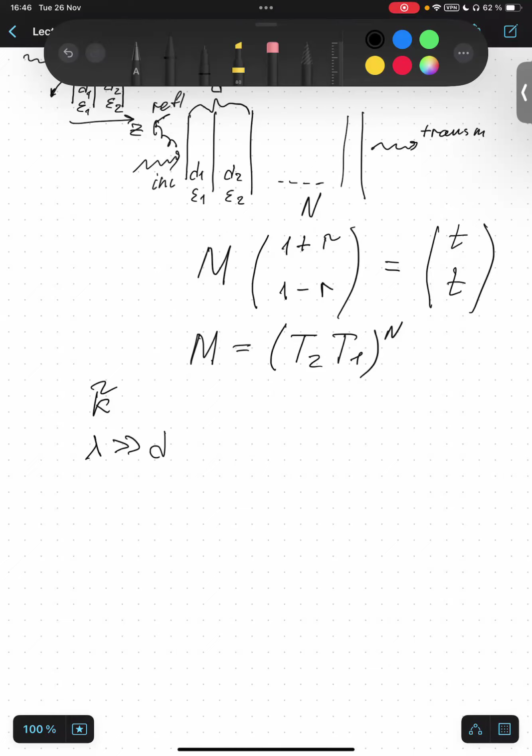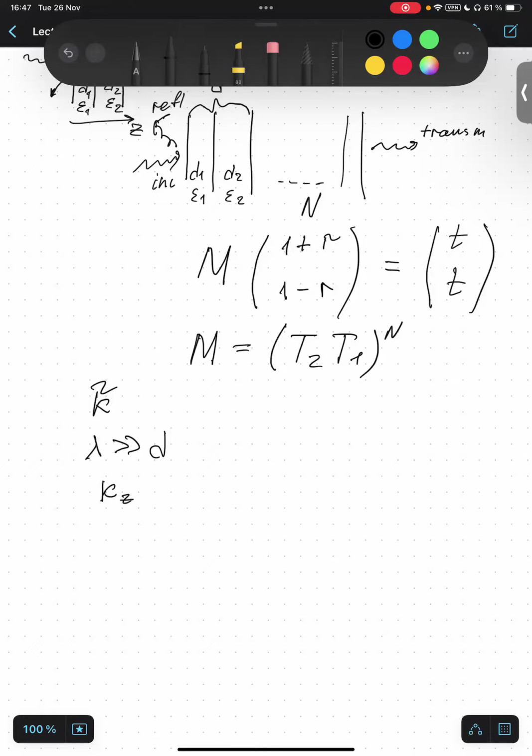So in this case, the photon cannot feel small structures, because in one wavelength you can have several periods of your photonic crystal, and the photon will not feel them at all, and we will just have some effective medium.